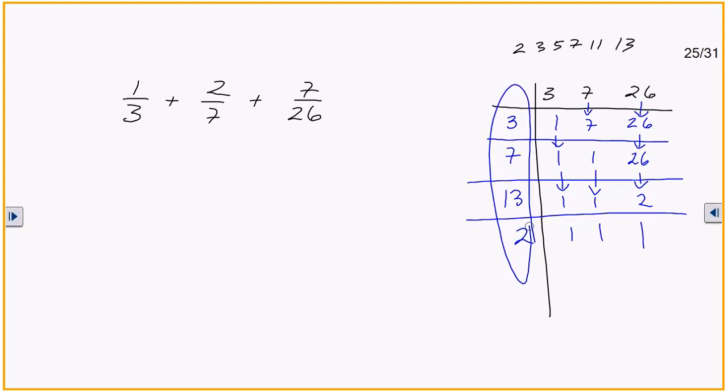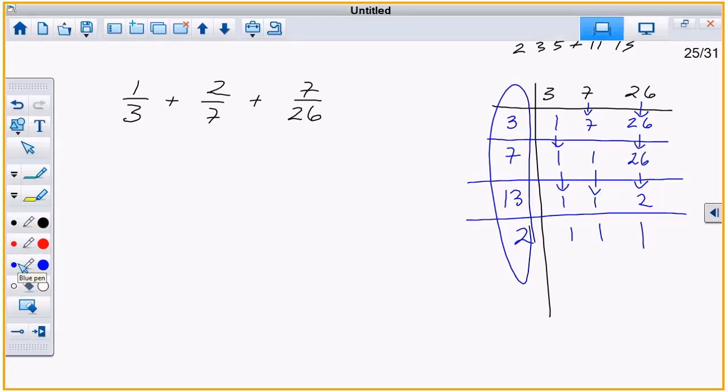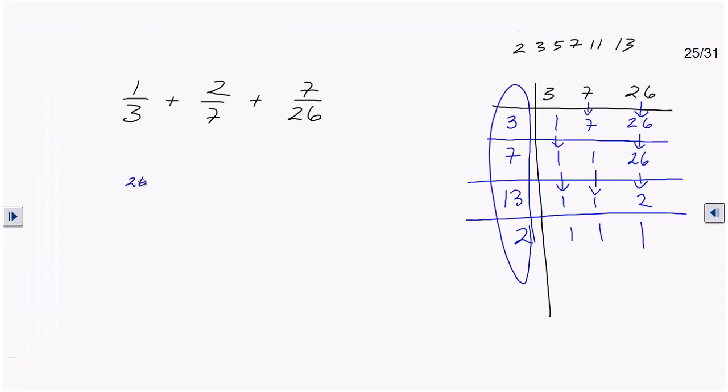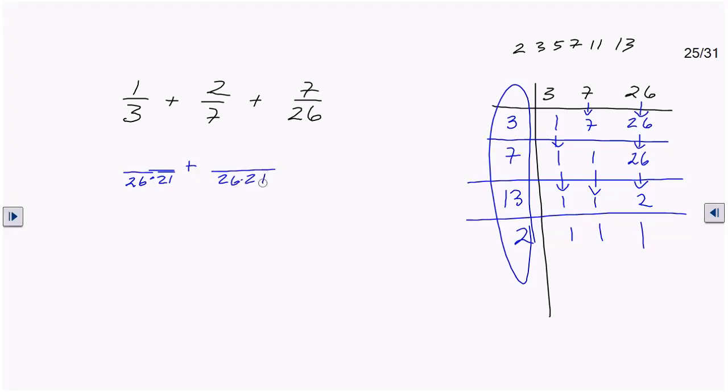So I'm just going to rewrite my denominator as 26 times 21, plus 26 times 21.